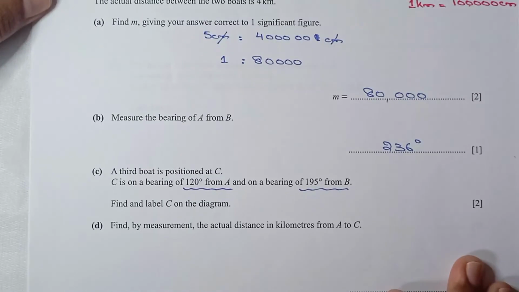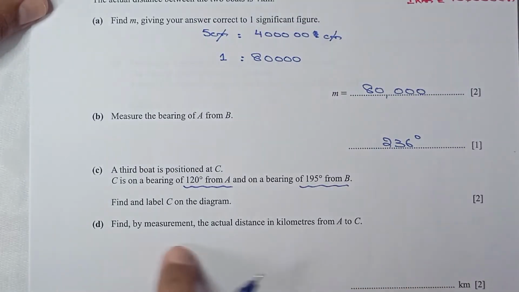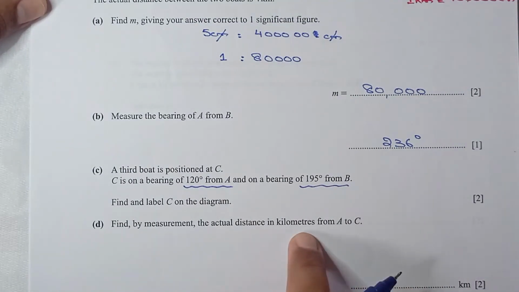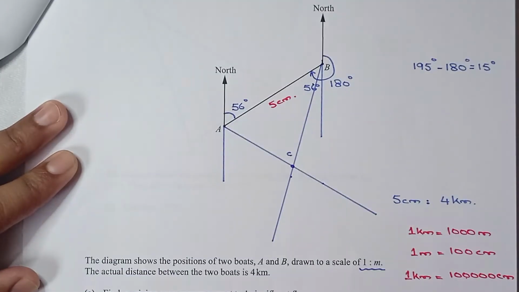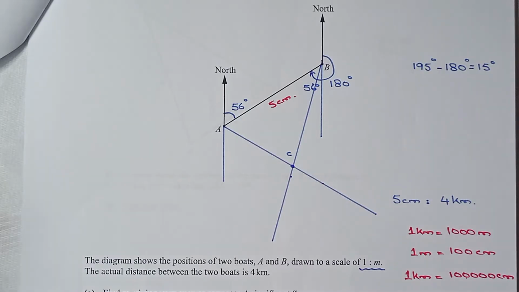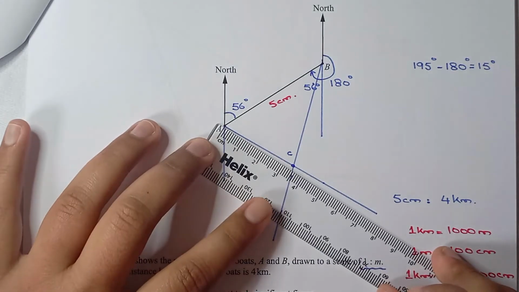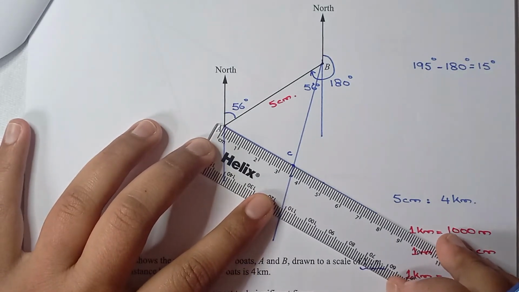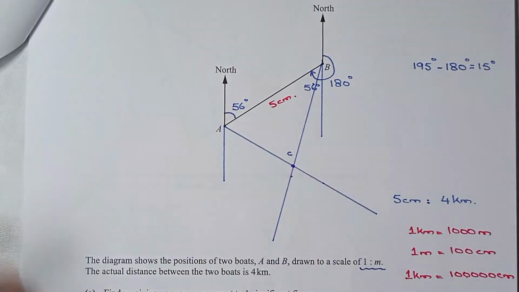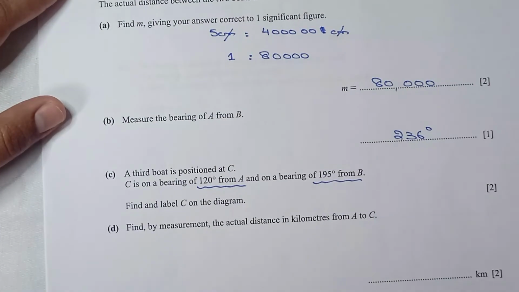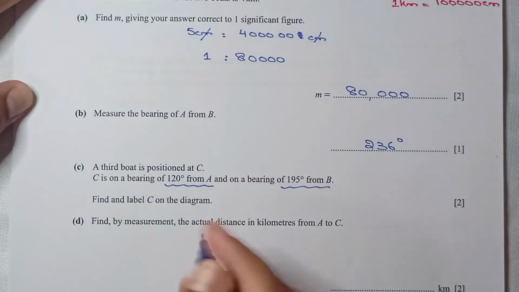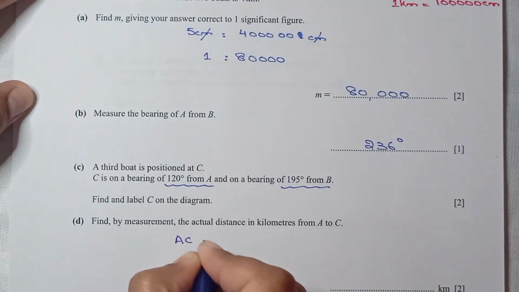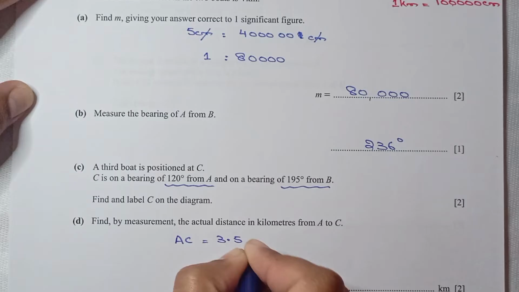Okay, now for the D part, find by measurement the total actual distance in kilometer from A to C. So let me measure AC. A to C, this is 3.5 centimeter, right? So AC is 3.5 centimeter.